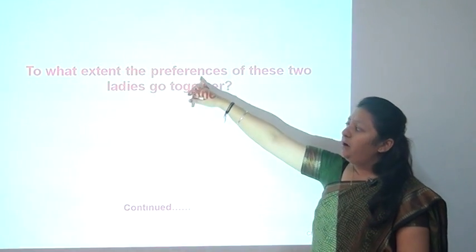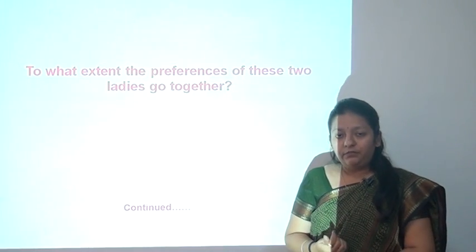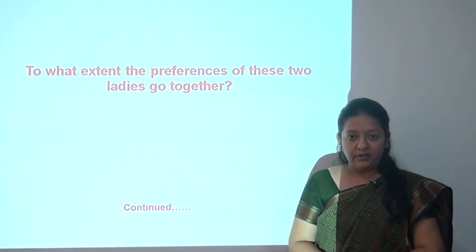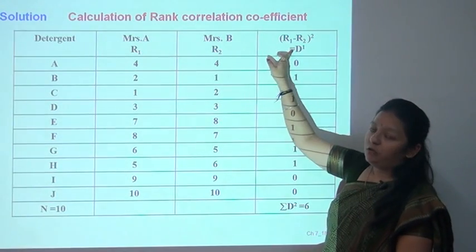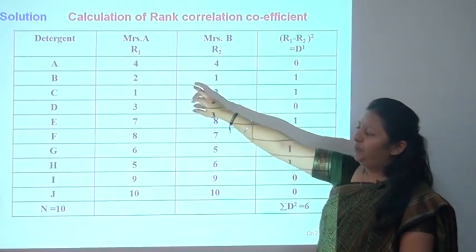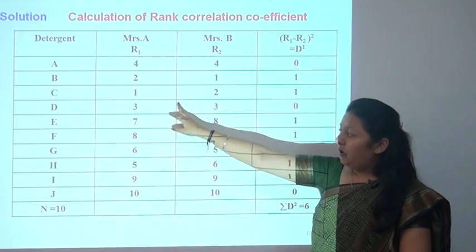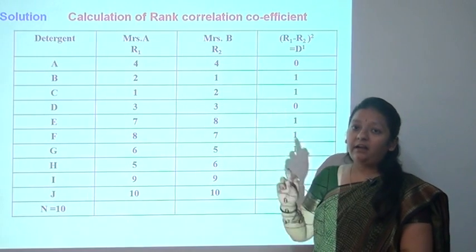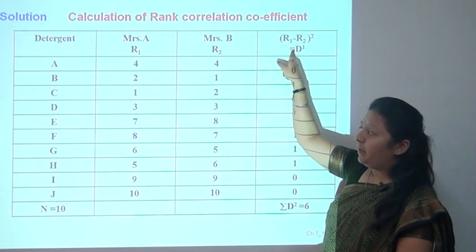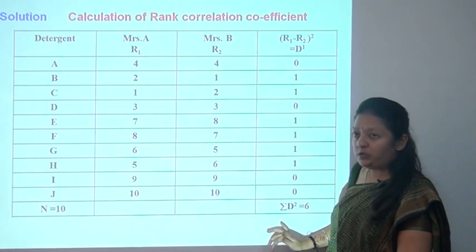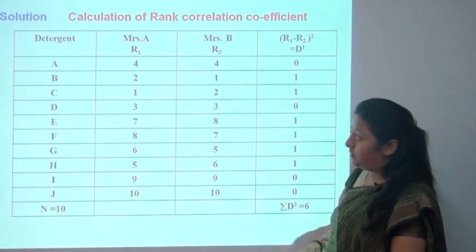To find out to what extent the preferences of the two ladies go together, we first identify the differences of the two ranks given, that is D. Obtain the differences, 4 minus 4, 2 minus 1, 1 minus 2, 3 minus 3, and square them. So we have D square, and using the formula, sigma D square is equal to 6.